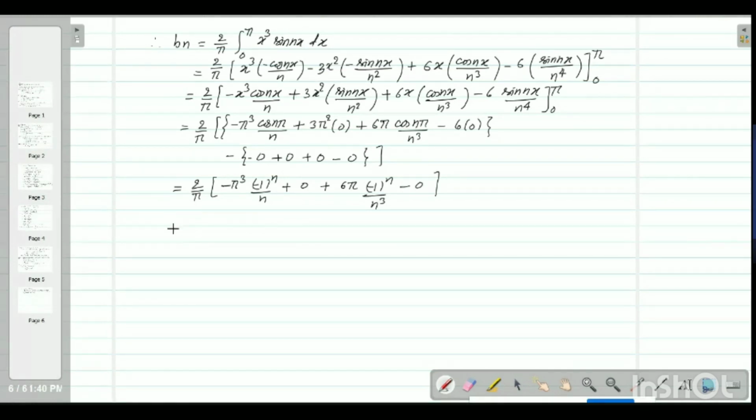Just simplify. So this is equal to 2 by pi times minus pi cube minus 1 raised to n by n plus 6 pi minus 1 raised to n by n cube. Okay, so this is equal to what?